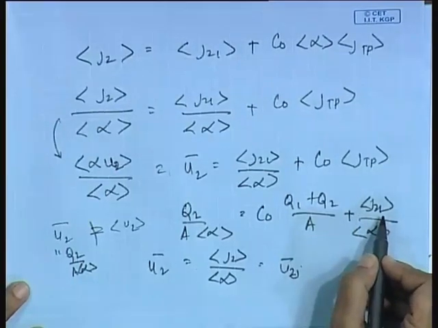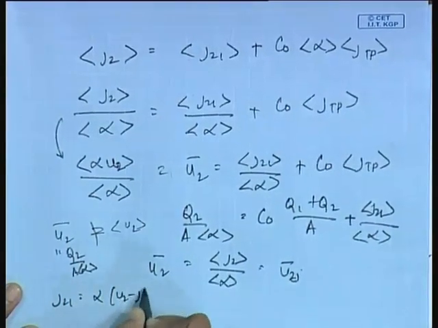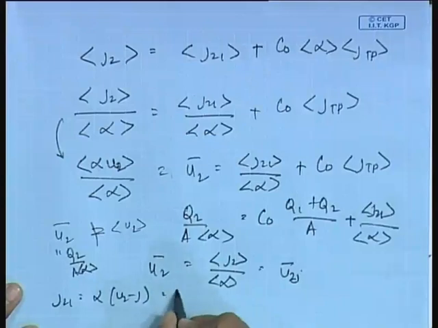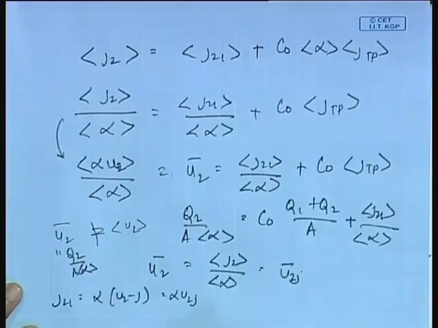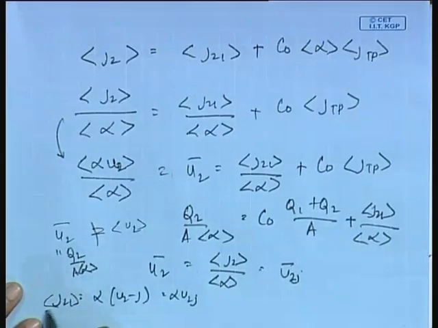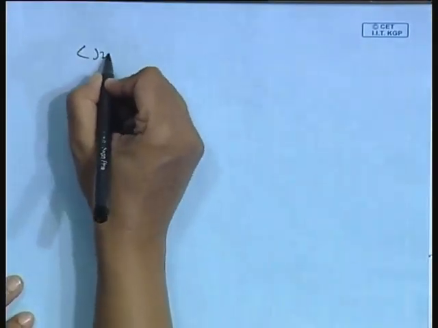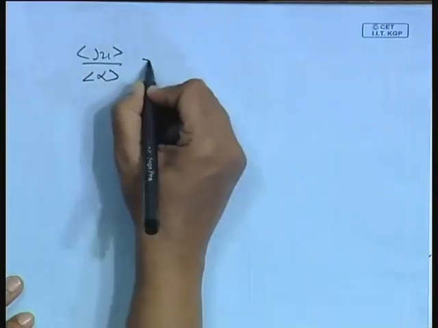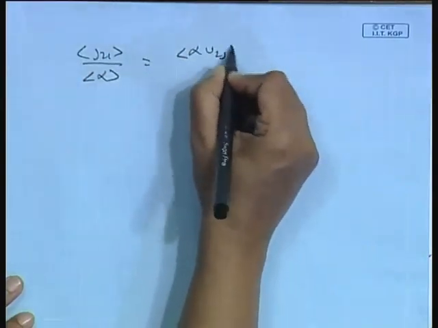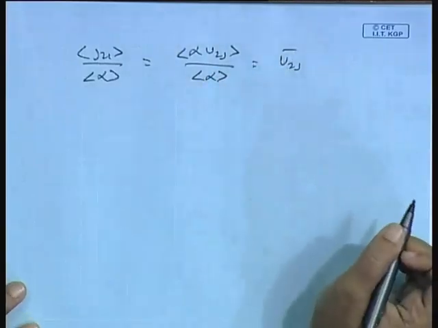If you remember the basic definition of J21, what was it? Alpha into U2 minus j, it is nothing but alpha into U2j. Fine. So, therefore, we know J21 by alpha is nothing but alpha U2j by alpha, which is nothing but U2j bar, isn't it.